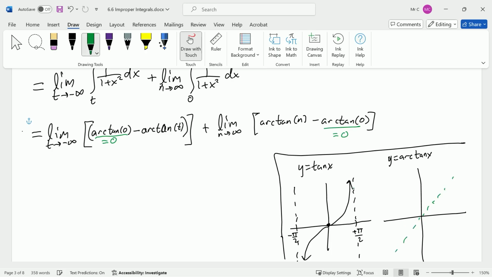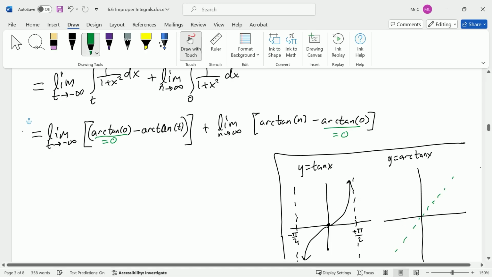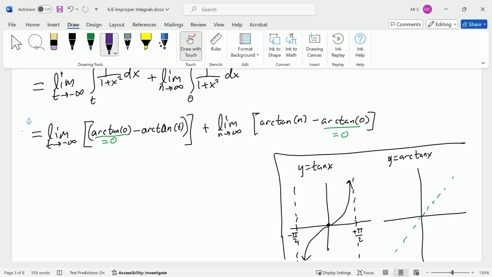So if you try to picture this curve flipping over the line y equals x, you should get a graph that looks like this. Now, since before we had vertical asymptotes at x equals pi over 2, now we'll have horizontal asymptotes at y equals pi over 2 and negative pi over 2. Right? So your x values become y values, and likewise your horizontal and vertical asymptotes switch when you take the inverse of a function.